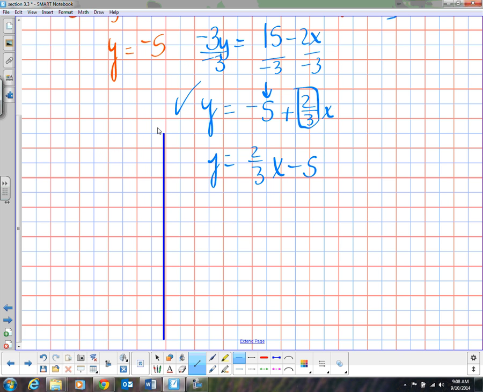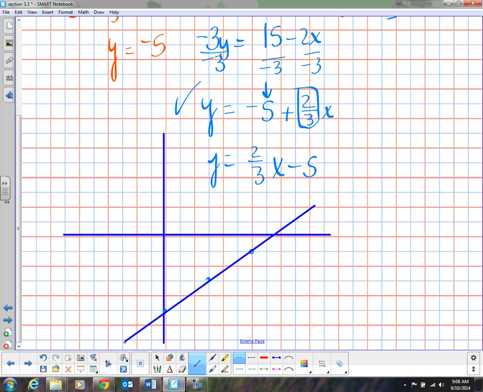I would start at negative 5 on the y-axis, correct? So here's negative 5, and I would rise 2, run to the right 3, because they are both positive: 1, 2, 3, and then I would draw lines, correct? Okay, can you handle that?